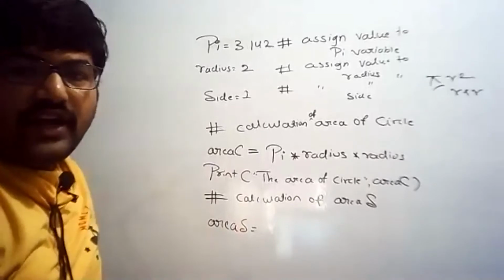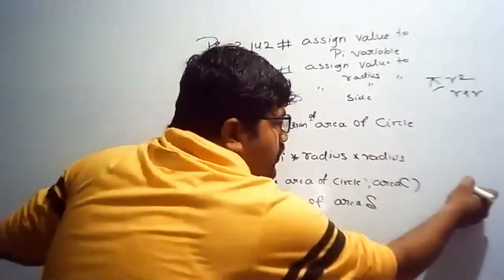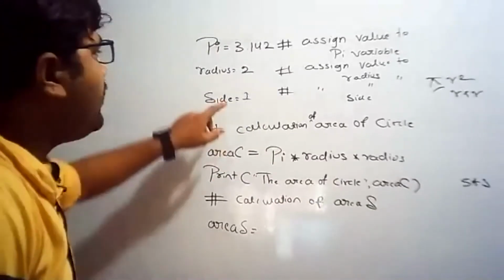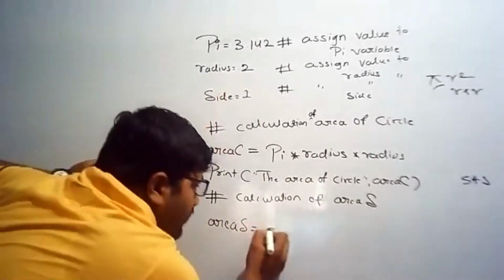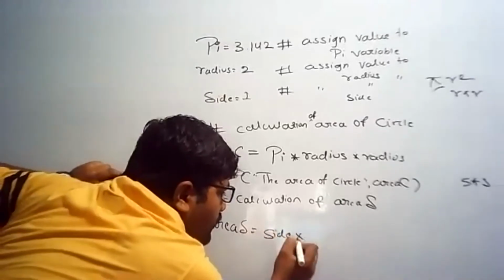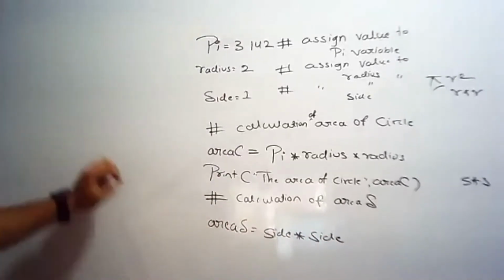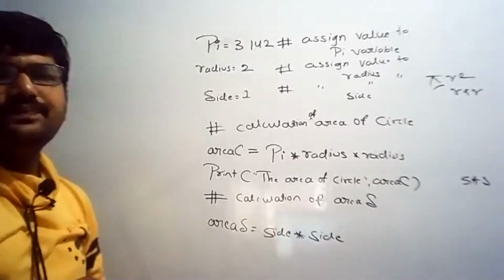So what is the formula? Side into side. What have I taken here? Side, side into side. Finished, that is the calculation of area of square.